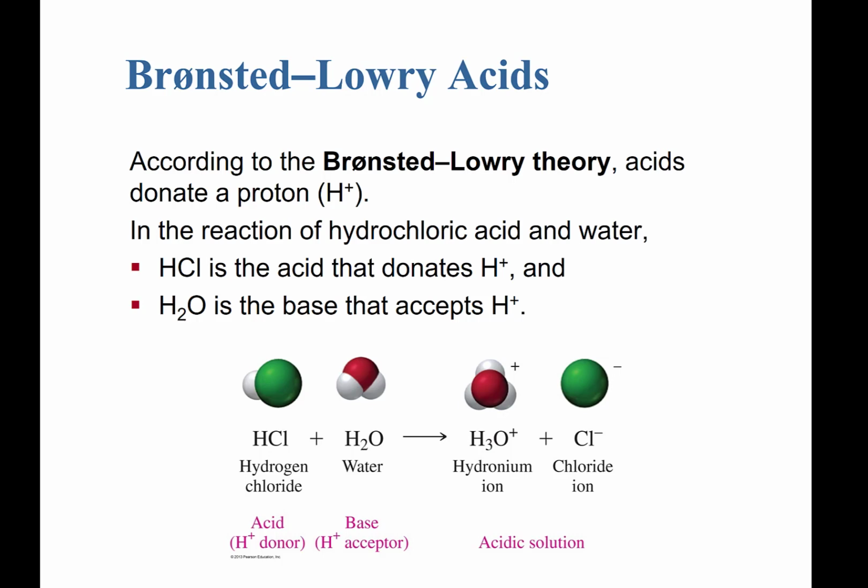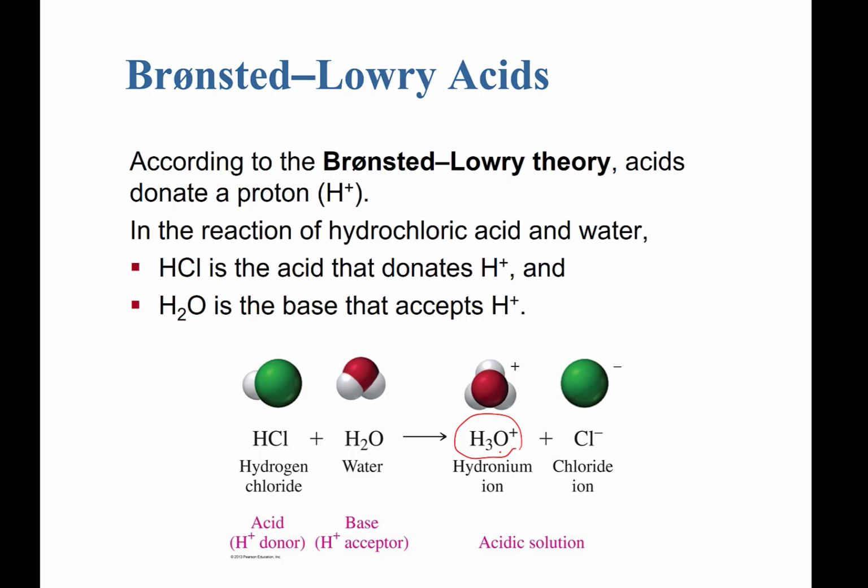Okay, our second definition that we're going to look at is called Bronsted-Lowry. According to Bronsted-Lowry, an acid is a proton donor. I have the same reaction that we looked at before, except before it was just H+ and Cl-. This time I can see that it's producing this H3O+ ion right here, that hydronium ion.